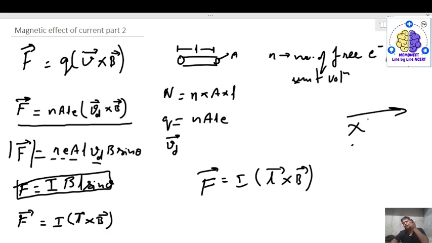Then placing the index finger in the direction of the magnetic field and the middle finger in the direction of the current, the thumb will indicate the direction of force, which will be in the upward direction. This is F, this is your I, this is B, right? So this is how you find the direction of the force experienced by the current carrying conductor placed in a uniform magnetic field, and the magnitude is given by F equals I B L sine theta, right?